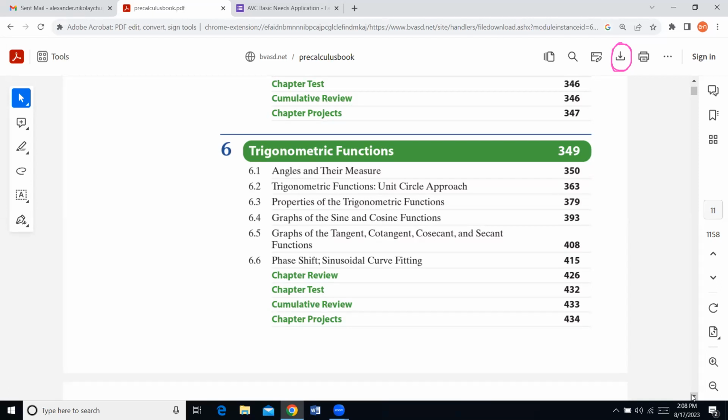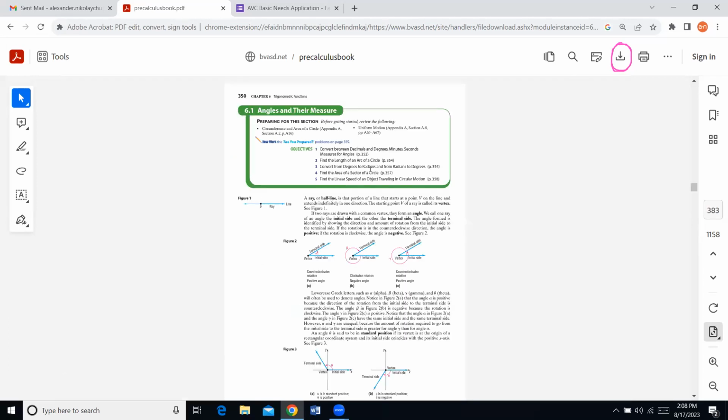But trigonometry you will heavily use when you take calculus. So this textbook is awesome because you don't have to browse through the pages. You just go to the contents, click on the first section of chapter 6, and you get right away to where you need. So I guess it's very convenient, right?